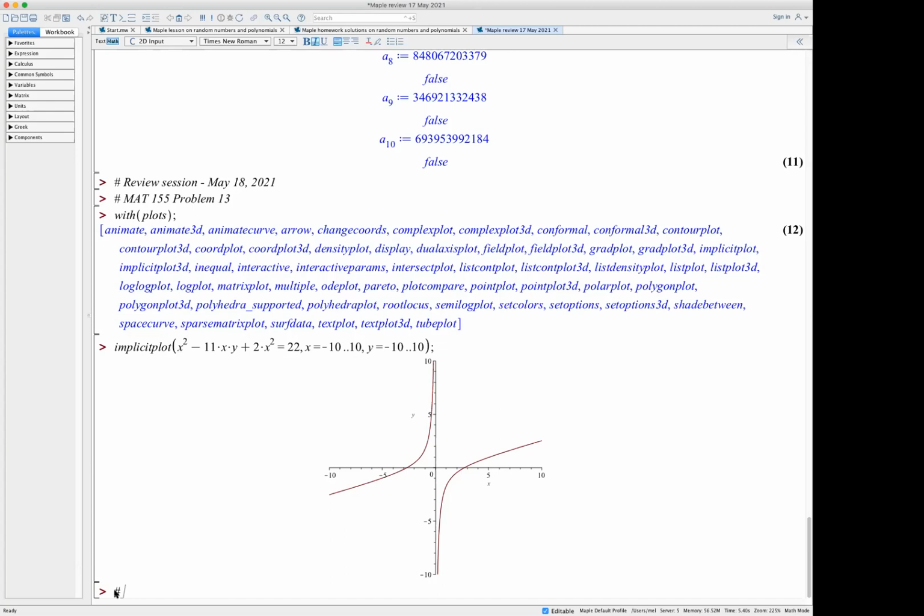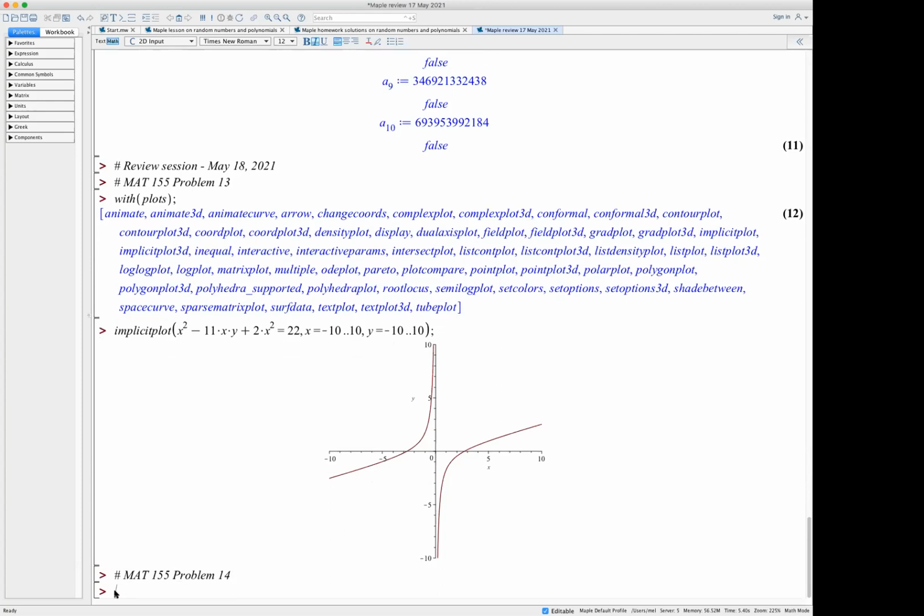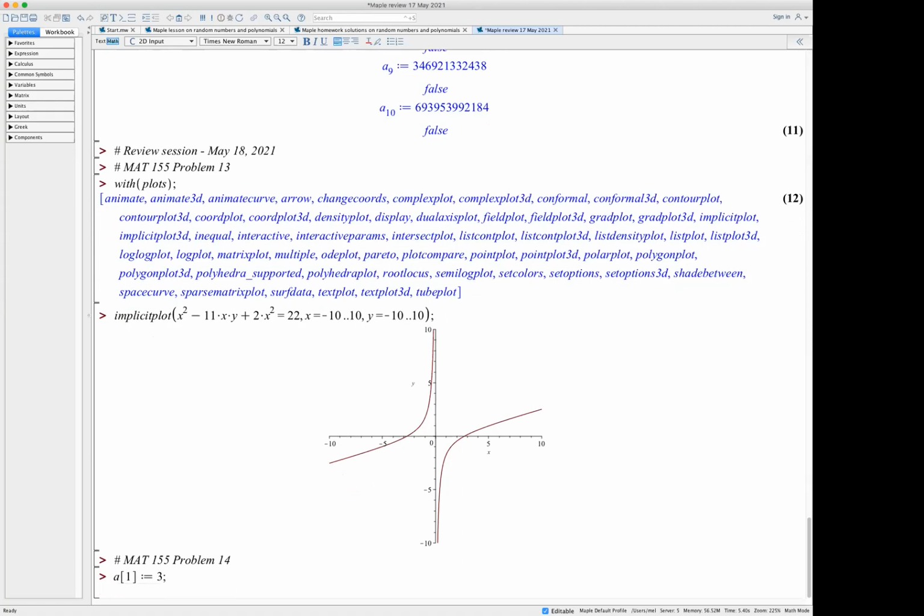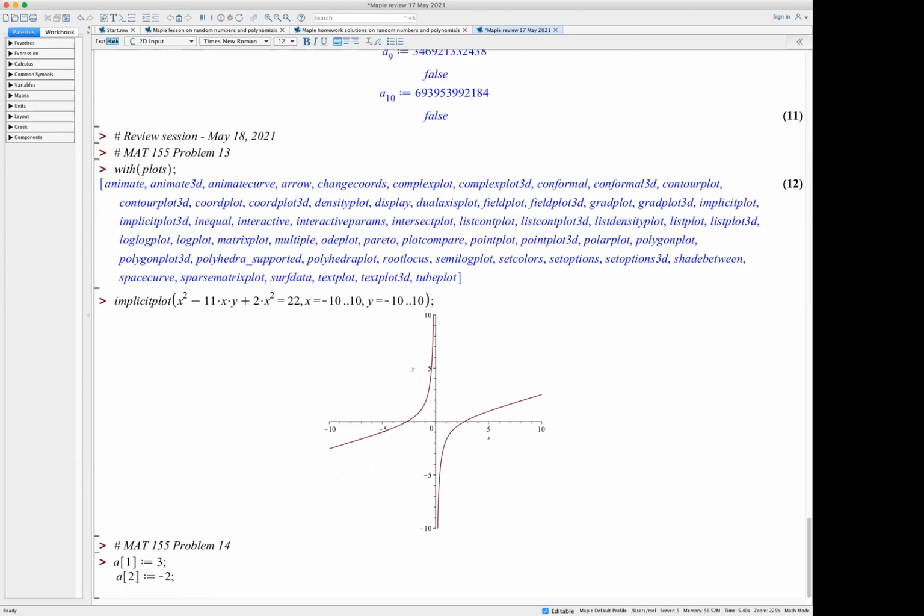Then you also asked about problem 14. So we want to compute a certain sequence of integers, and it's defined recursively. a1 we said equal to 3, a2 we said equal to -2. And then we write a loop.